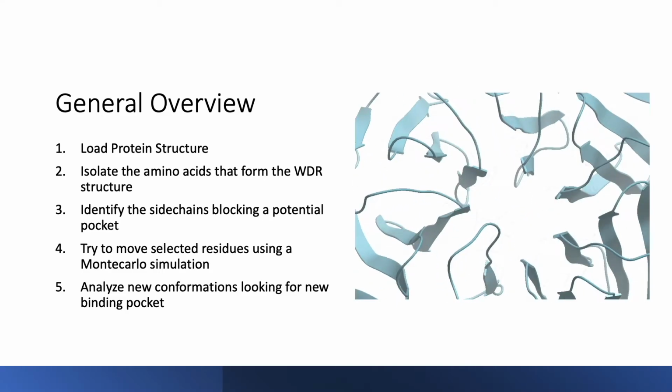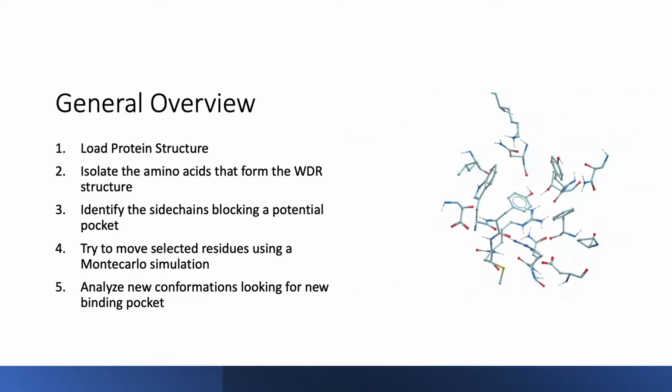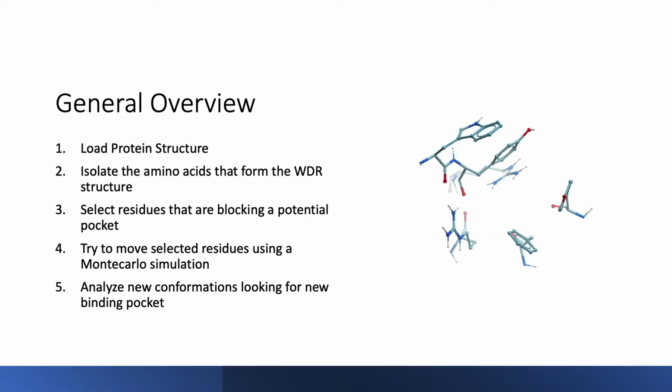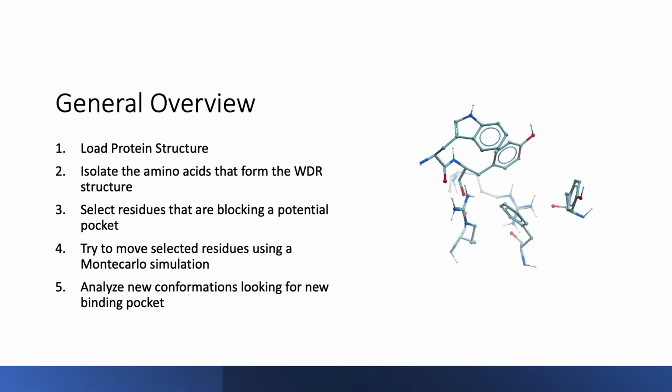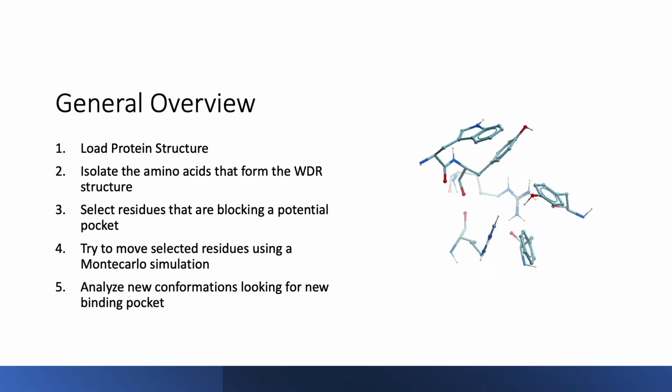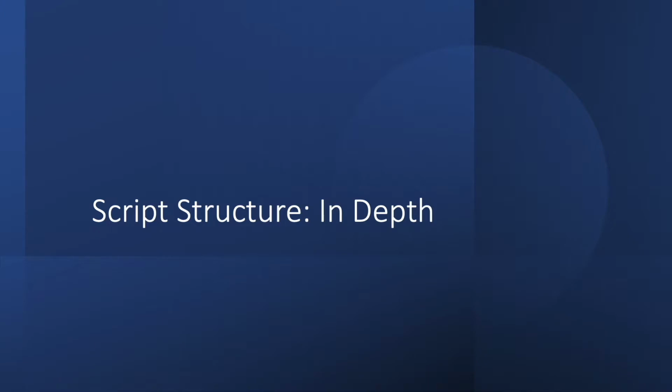As a reminder, this project's focus is only on the top middle part of these proteins. Once identified, I used a Monte Carlo simulation to try moving the residues. I will explain this simulation in more depth later on in this video. Lastly, I analyzed the results, and a website showcasing the findings will be made.